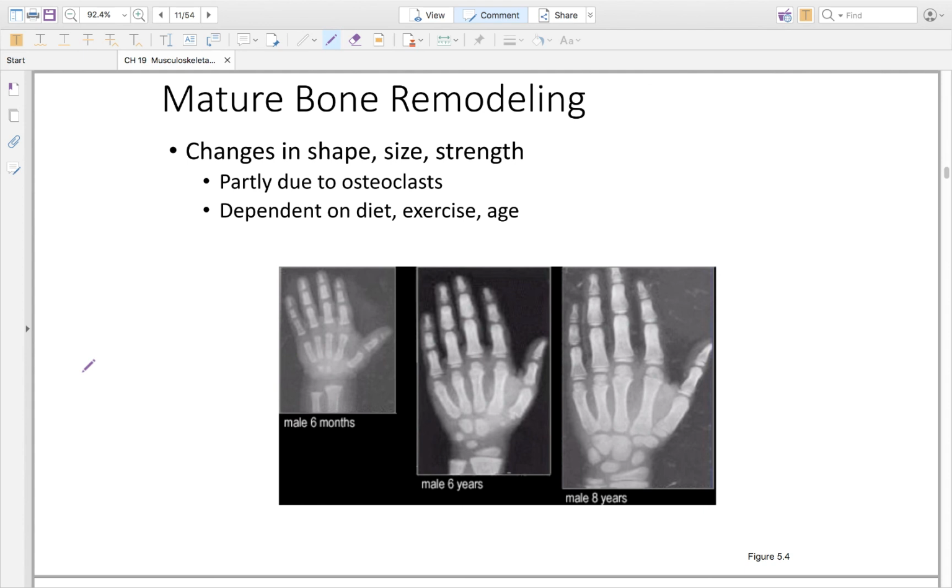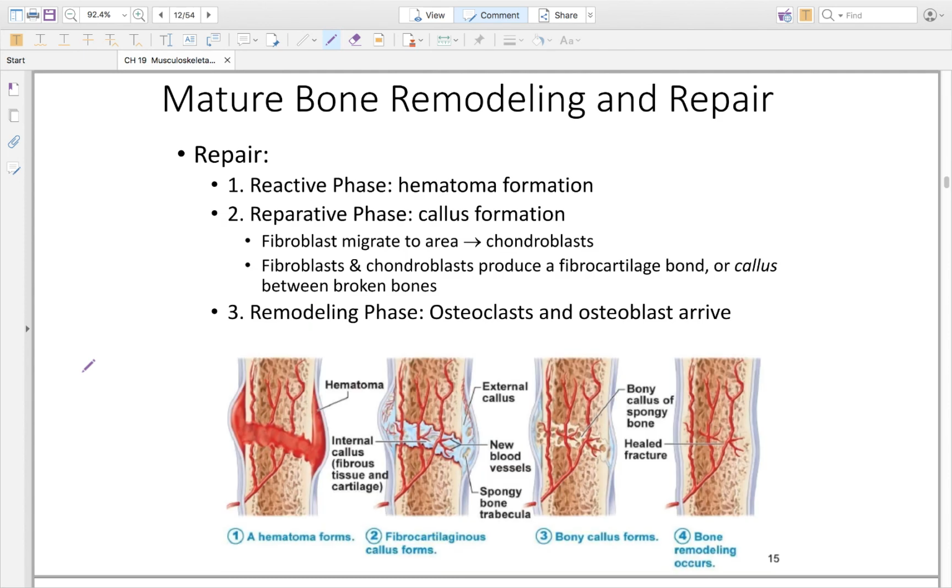Of course we grow and change, and then once you're an adult, your bone cells do get renewed. Really it's dependent on diet and exercise and age, but bones do change their shape and size. And so bone remodeling is partly due to osteoclasts, and then of course osteoblasts are involved as well.